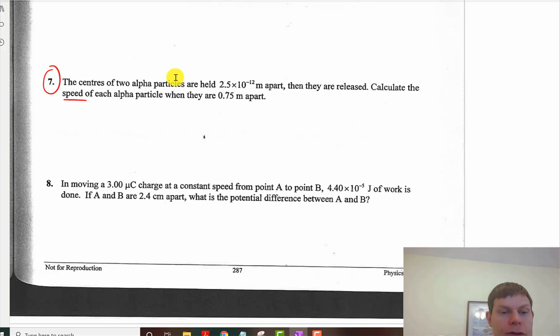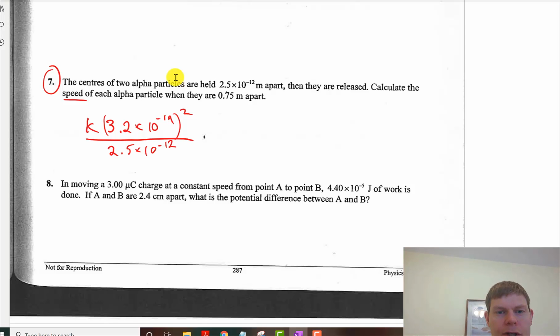So we have K times the charge of an alpha particle, which is 2 times the elementary charge, so 3.2 times 10 to the negative 19, squared, because there's 2 of them. So it would be this times the same thing. And they start off 2.5 times 10 to the minus 12.